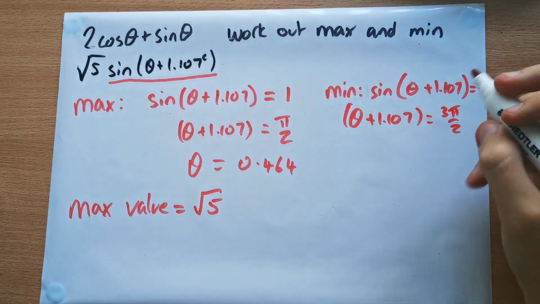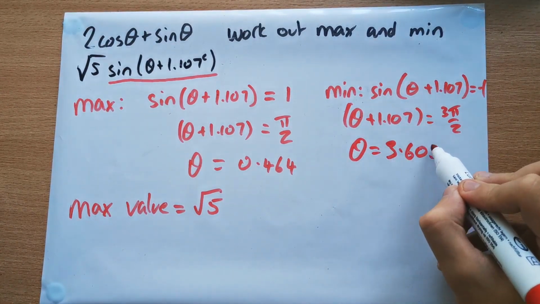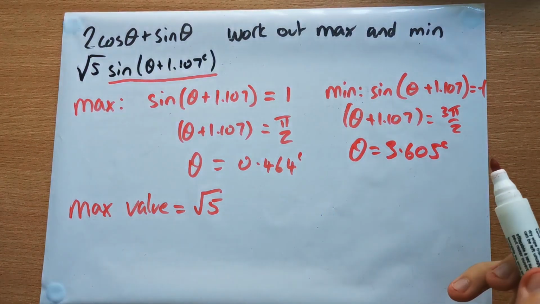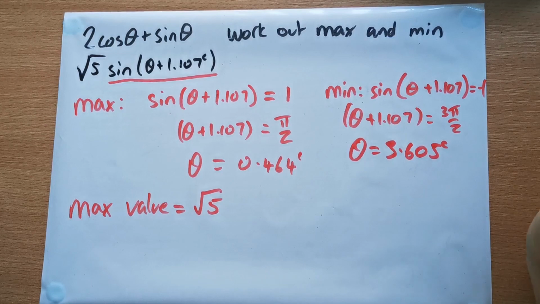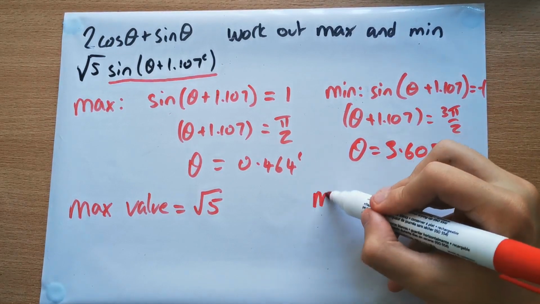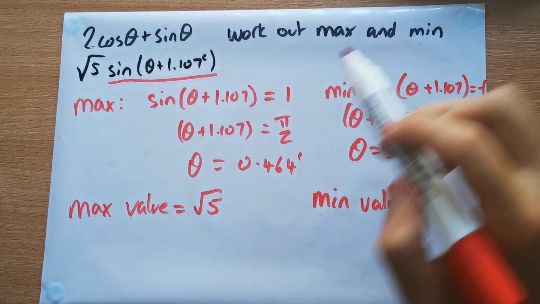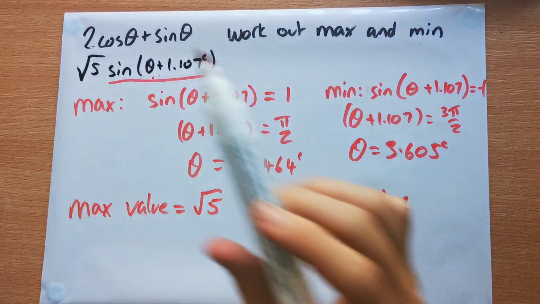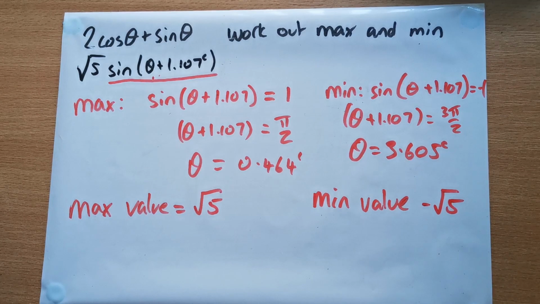And so you can then work out that theta is going to be equal to 3.605. Those are in radians. That's just 3 pi over 2 minus 1.107. And so the min value, if this is equal to minus 1, then this whole thing, root 5 times minus 1, is equal to minus root 5. And that is the last type of question you could really get on this stuff.